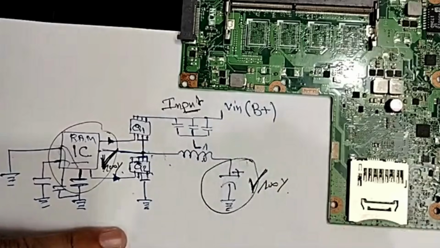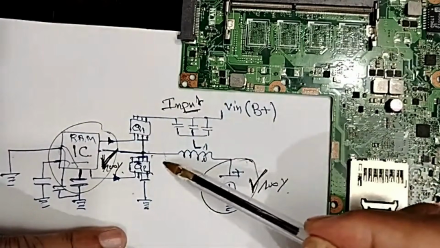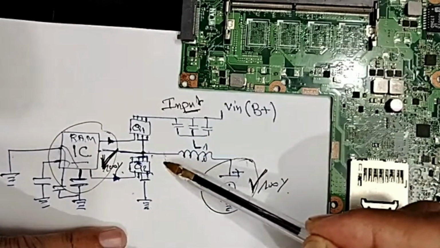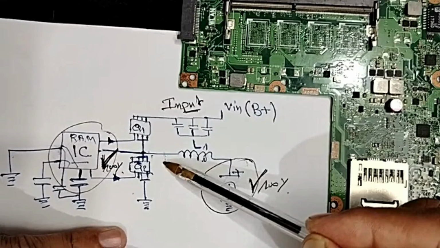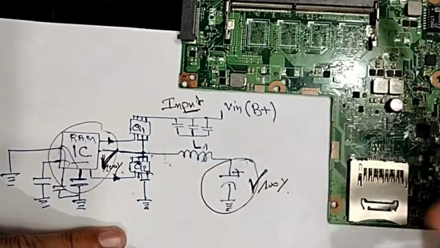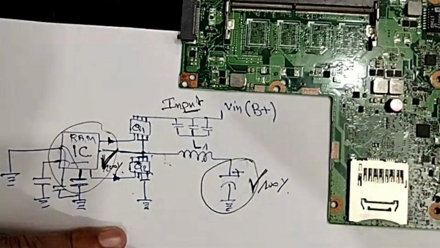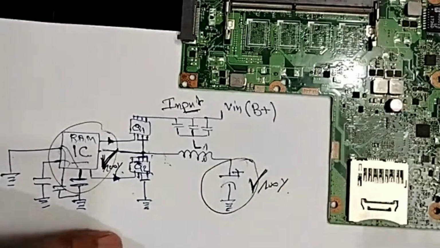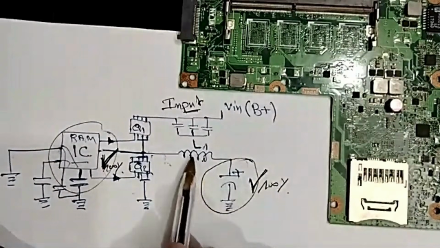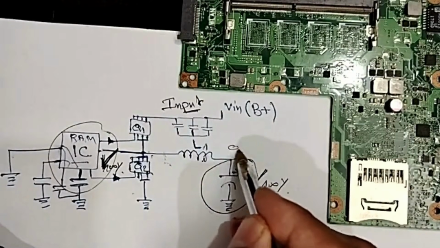If you understand just this circuit, you can understand how to repair a short in every motherboard, regardless of whether the short is partial, a dead short, or any kind of short. So here we have the input, here we have the output.